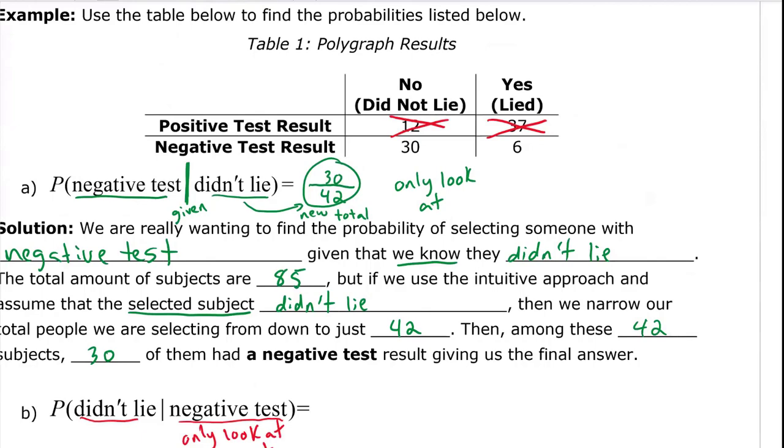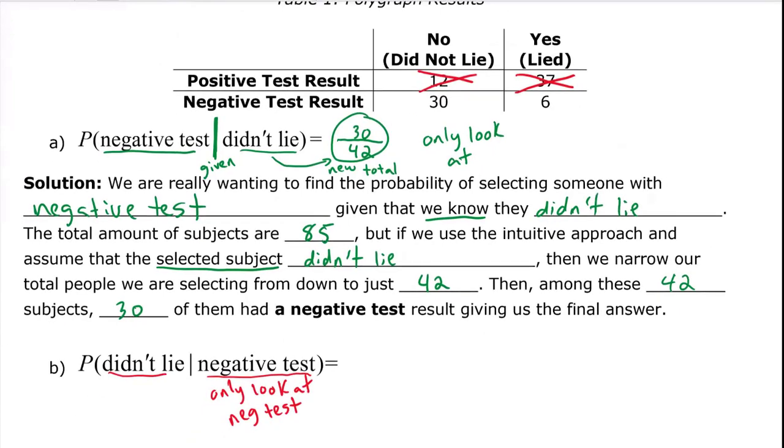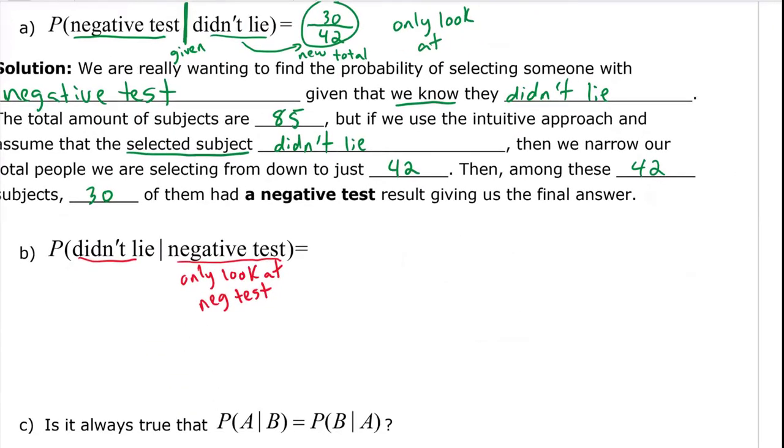So I got rid of those top things that were positive test. I'm only going to look at 36 people. So that's 36 people. That's our new total. So you're given that they had a negative test. That means you would not look at positive people if you knew they were negative.